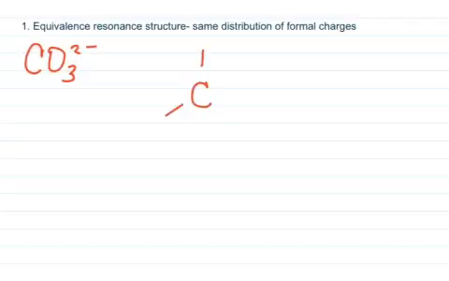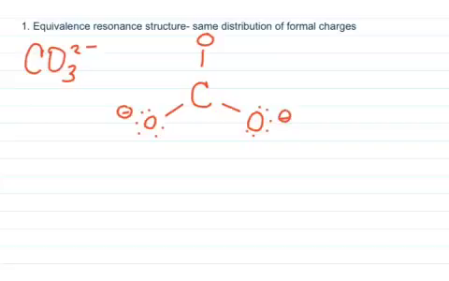Now let's look at another example. Let's take a look at carbonate, CO3 2 minus. Now carbonate, we know the carbon goes in the middle. We draw in our 3 oxygens as such. And because we have a 2 minus charge, we know that 2 of these oxygens are going to be negative, and 1 of these oxygens is going to be neutral. So this gives us CO3 2 minus. Now carbonate has 3 equivalent resonance structures.